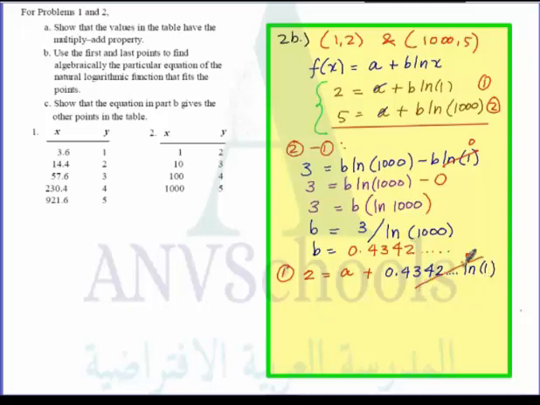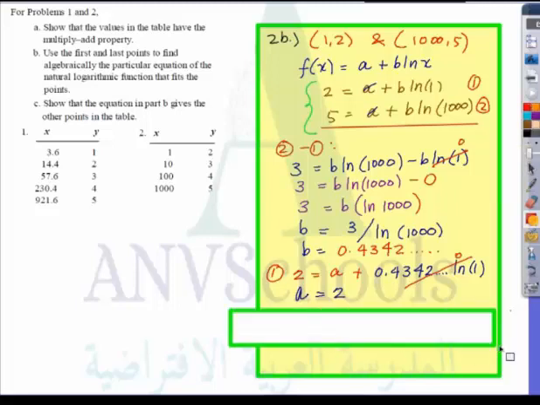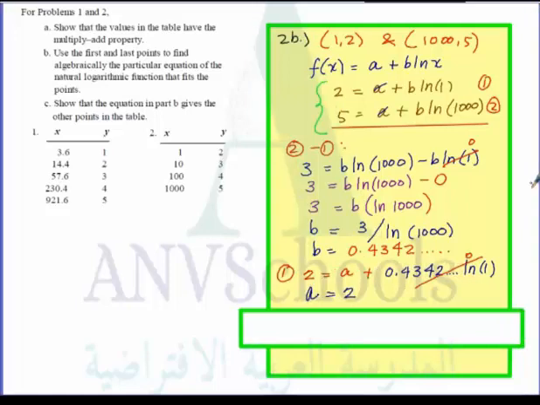So our a is equal to 2. And this will give me the final equation. My final equation would be f of x is equal to, my a is 2, and my b is 0.4342 ln of x.